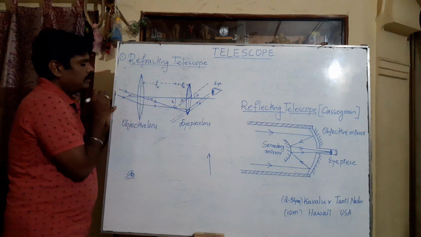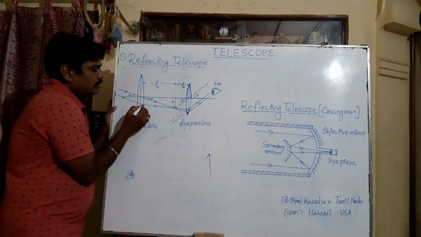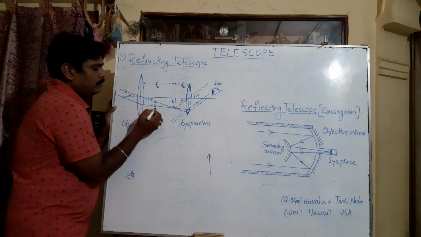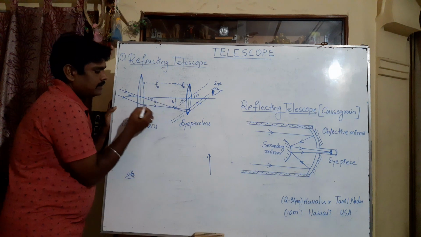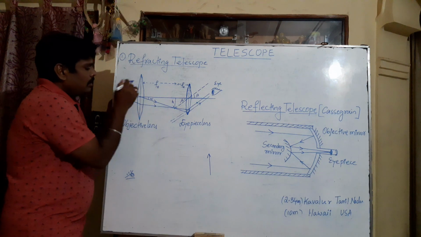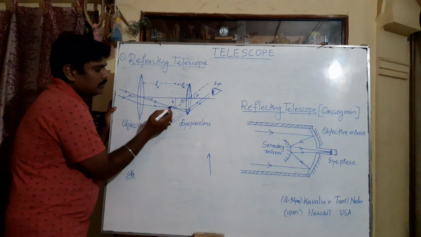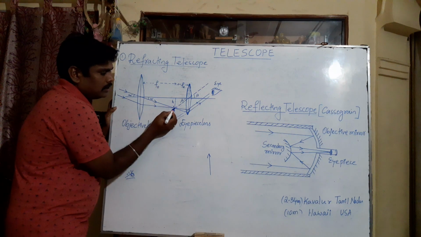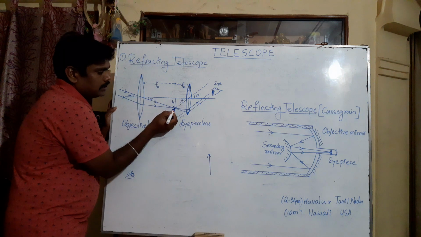Another ray parallel to this one will take deviation because it is a converging lens. It bends closer to the principal axis. Now these two parallel rays, after refracting, converge at a certain point here.